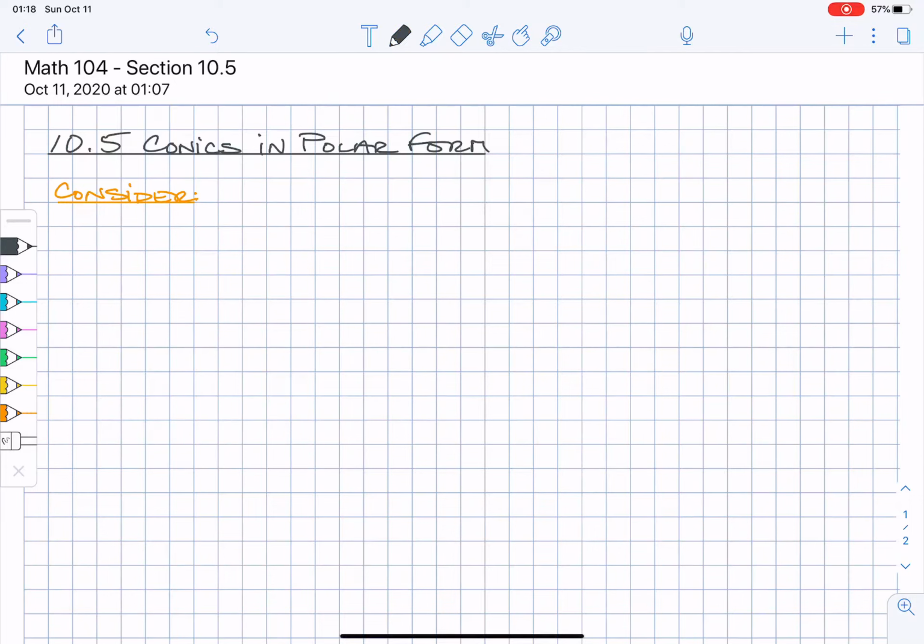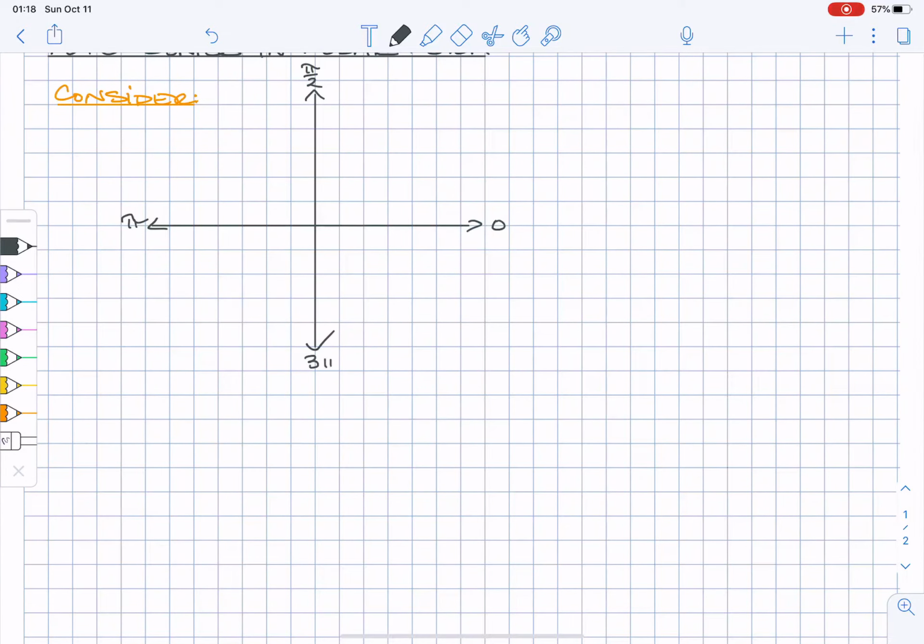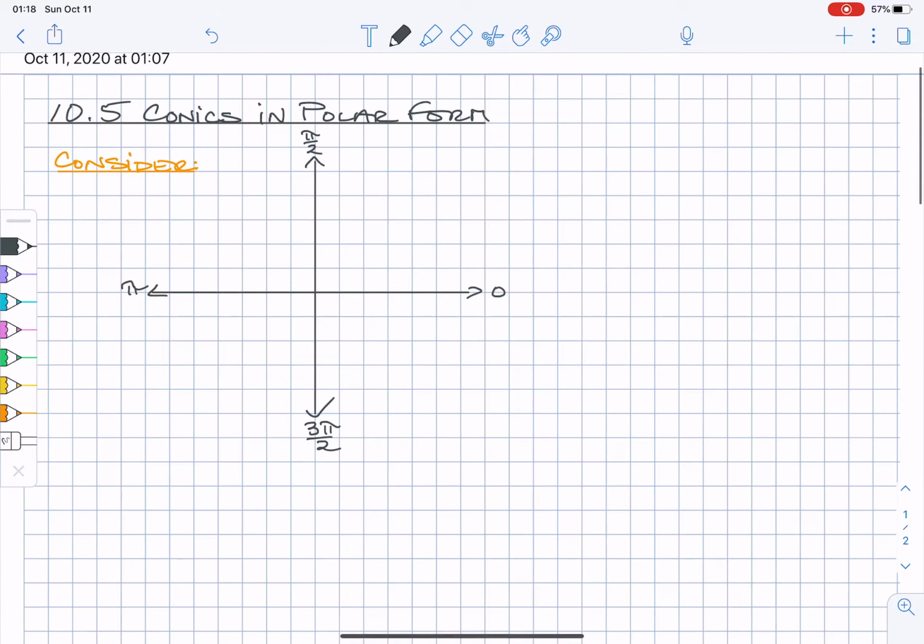So let's say we have polar coordinates, like so. Namely, this is 0, this is pi over 2, pi, 3 pi over 2. And let's say we have a focus at the pole.